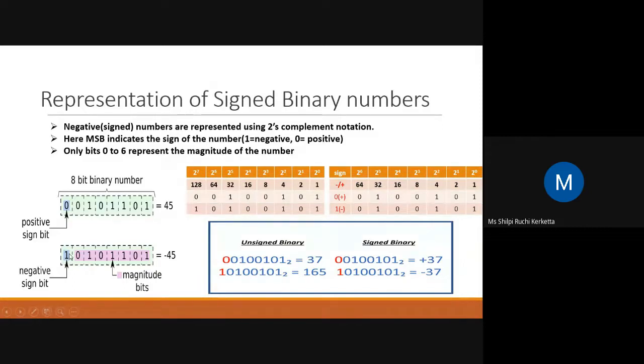For signed and unsigned binary numbers, if you have a signed binary number, meaning positive and negative, it will be mentioned that it is signed. You won't be given a number and have to guess whether it is signed or unsigned. Signed means it has either a positive or a negative.